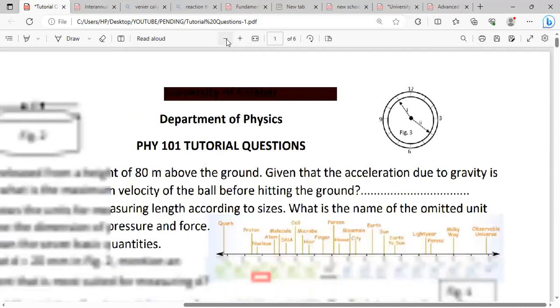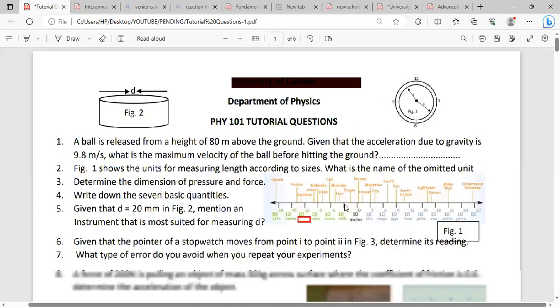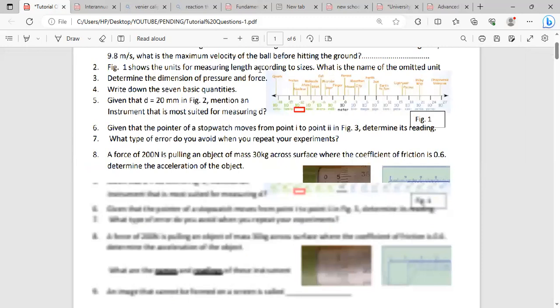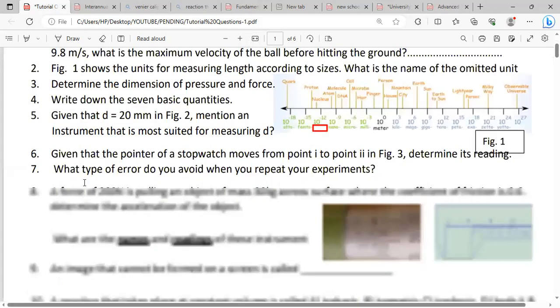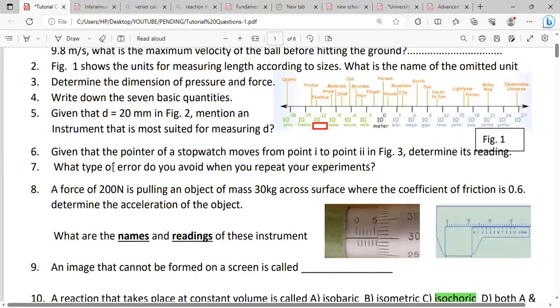Let's go to the next question. This one says, what type of error do you avoid when you repeat your experiment?